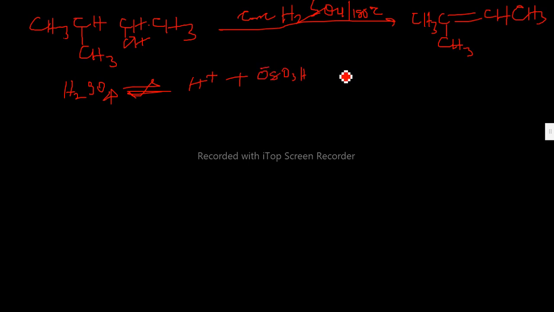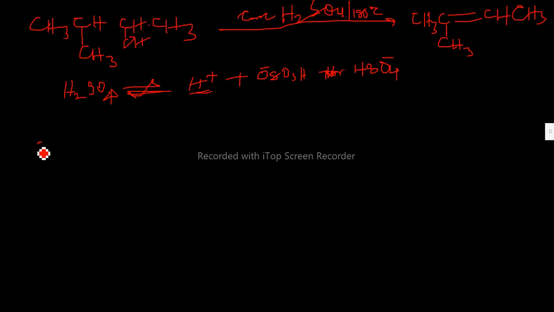Whatever you write, whether H plus or hydrogen ions, they are all the same thing, hydrogen sulfate ions. Then the proton is going to protonate our alcohol so that you form a good leaving group.